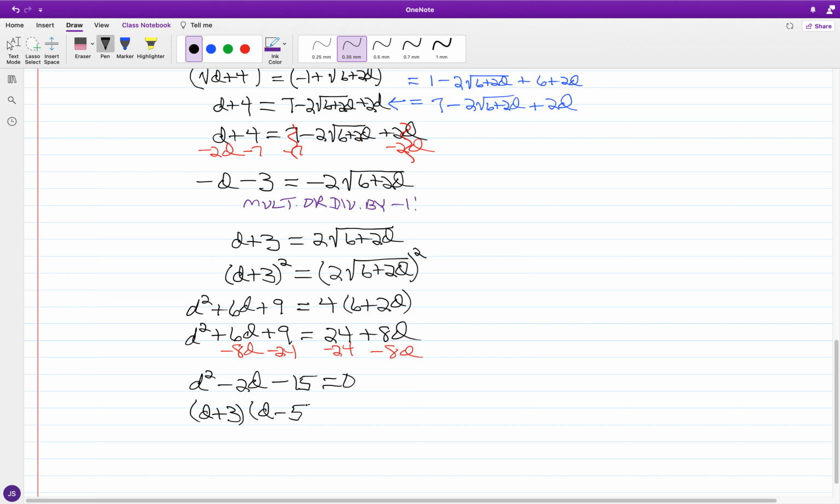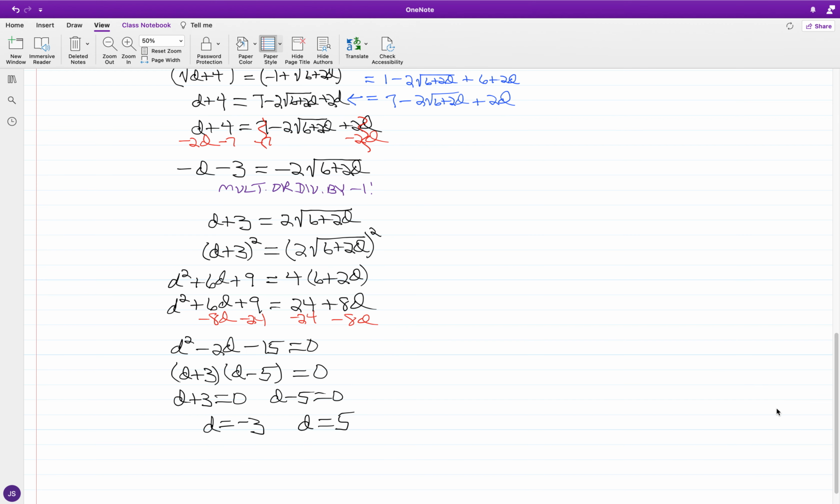Upon factoring, the quantity of d plus 3 times that of d minus 5 is equal to 0. And in drawing up the apparent solutions, once again utilizing the zero product property, if d plus 3 is equal to 0, then d is equal to negative 3. If d minus 5 is equal to 0, then d is equal to 5.